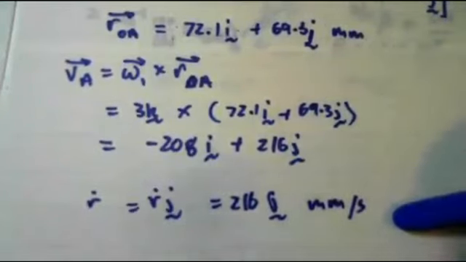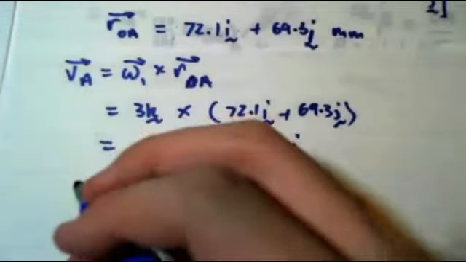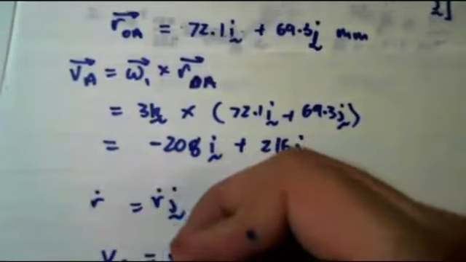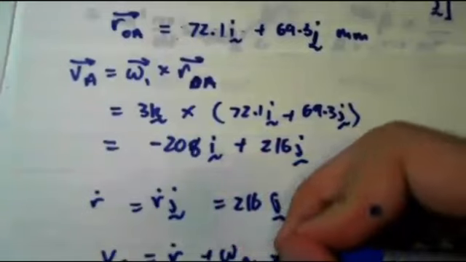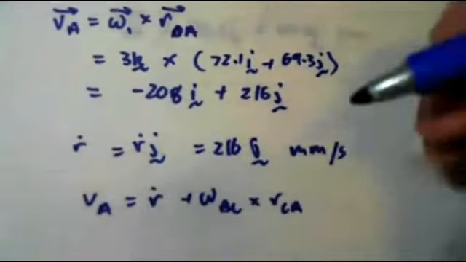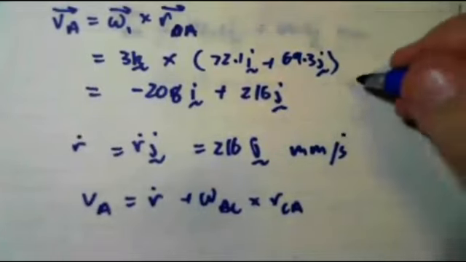And our omega BC term represents the angular velocity of the arm BC. So we can write velocity of A in terms of R dot and omega BC. So VA equals R dot plus omega BC cross R of CA. CA is that vector from this position to this position.